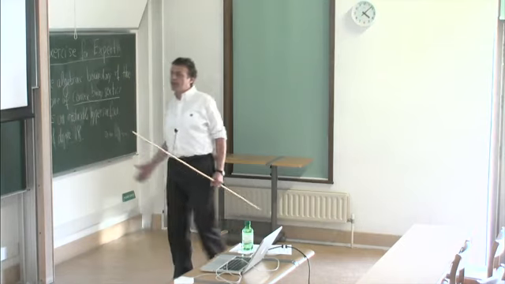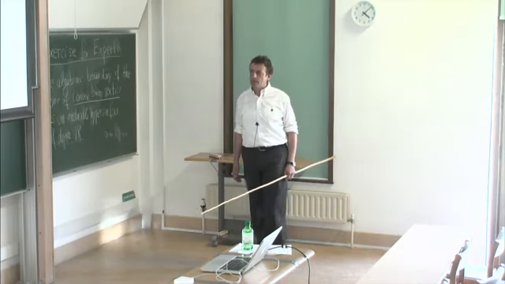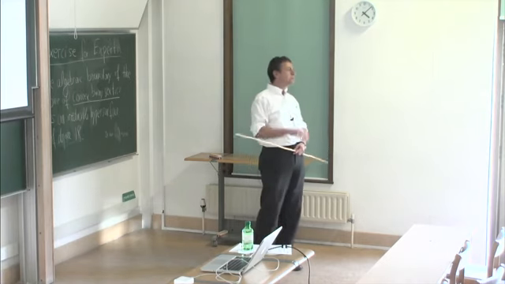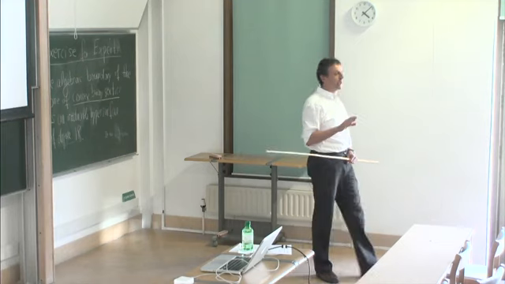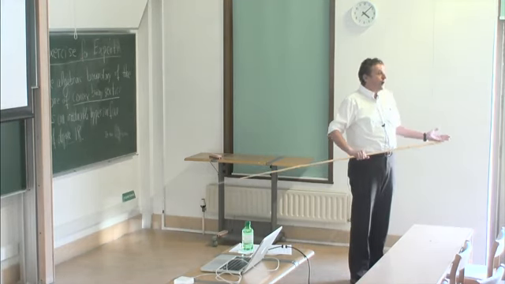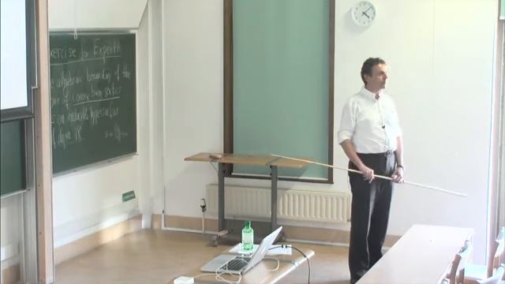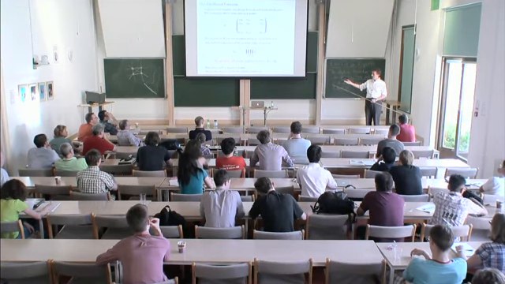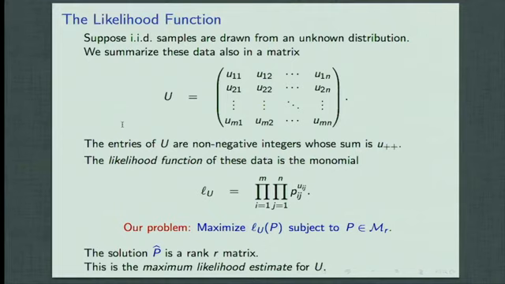That's a rank R matrix. Typically, that's called the maximum likelihood estimate for U. So I'm going to be interested in the question: how does p hat depend on the data? So p hat is a function of the data. In fact, that's true for any optimization problem. For any optimization problem, the optimal solution is going to be a function of the data, of the instance. You want to understand the nature of that function.